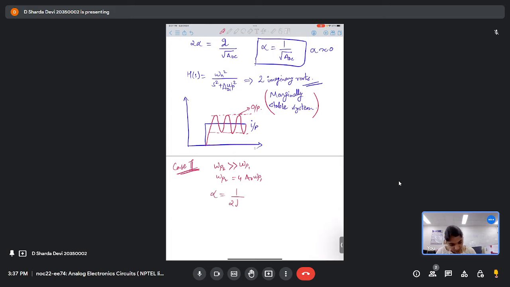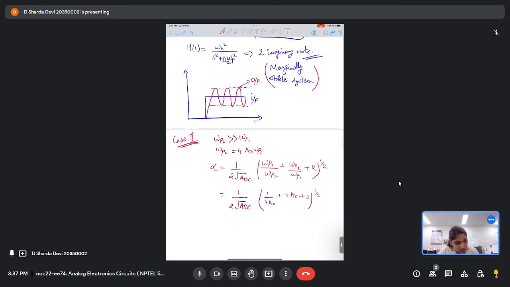Alpha closely becomes equal to 1, as this almost tends to 0, and 4 ADC is much greater than 2.